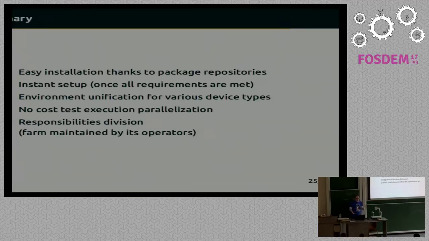Also, environment unification for various device types is something that you might benefit from in your automated testing process. And with Lava, you get parallel test execution at no cost, and you don't have to manage all of the devices by yourself.